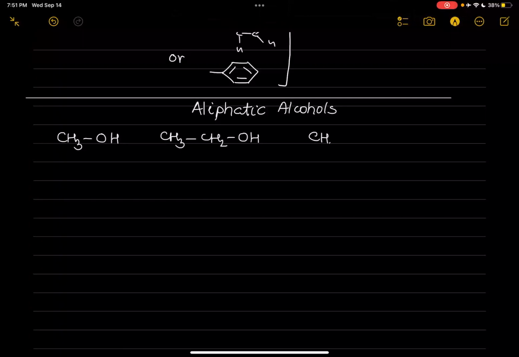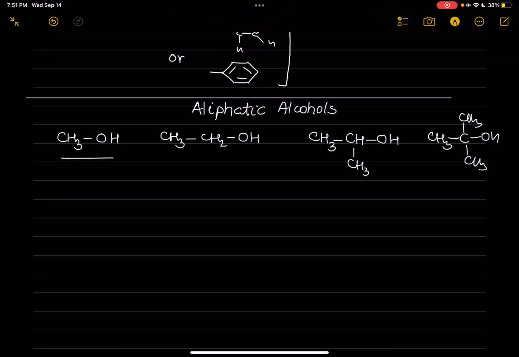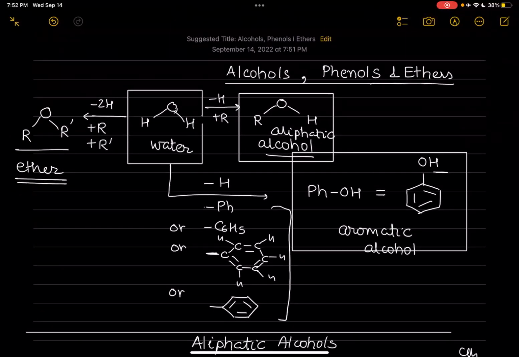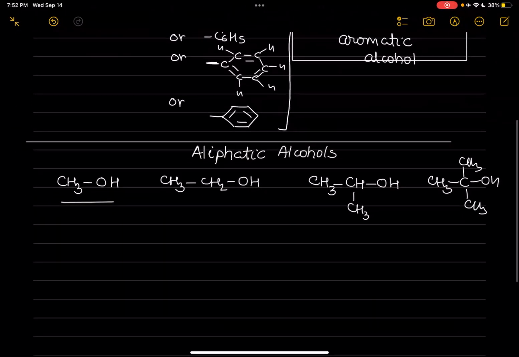So what is the IUPAC name of these alcohols? ROH is the general way to write them. R is methyl in this one, so the common name is methyl alcohol or methanol.